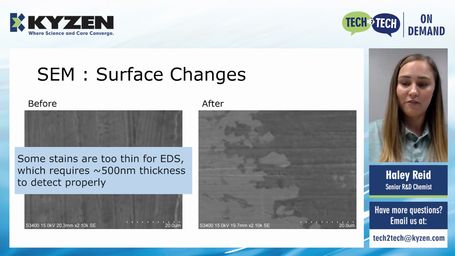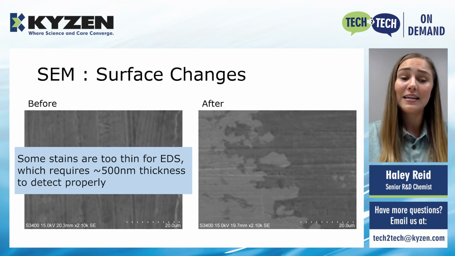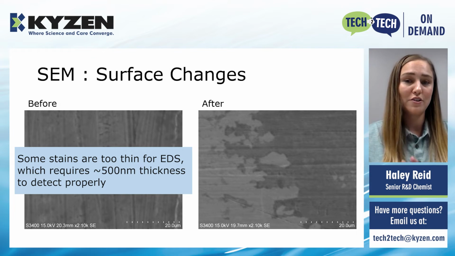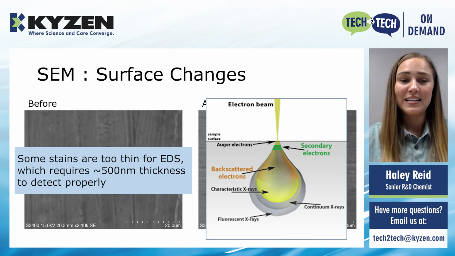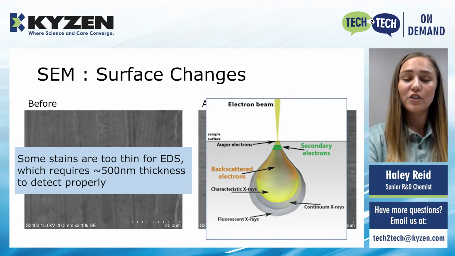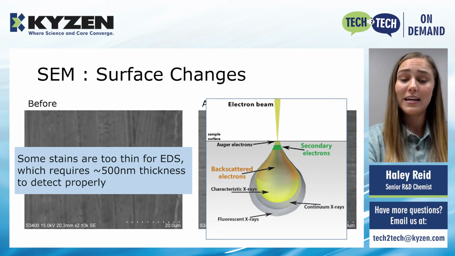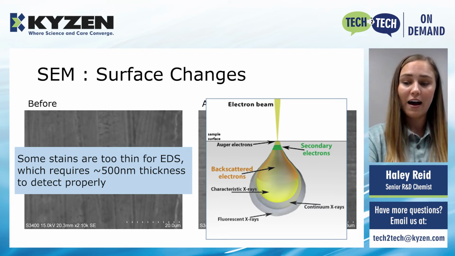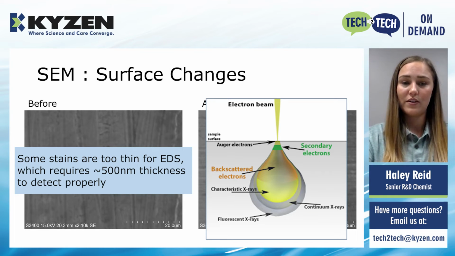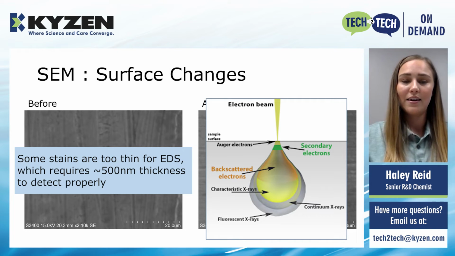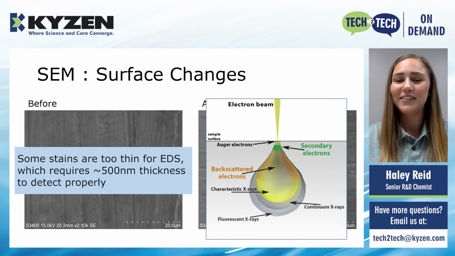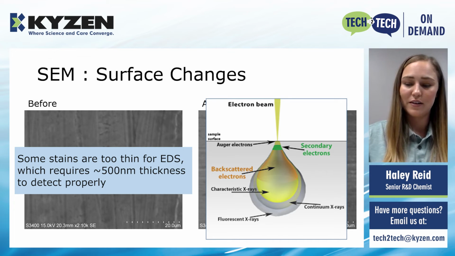But this was too thin for us to see in EDS because it needed to be about 500 nanometers thick. And we need to keep that in mind anytime we're looking at surface changes like this. The characteristic X-rays, which are what EDS uses, are 500 nanometers deep into the surface. So we couldn't use EDS to determine the nature of this stain. We were able to fix it, but we couldn't find out exactly what caused it originally.